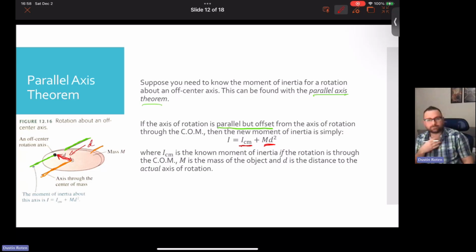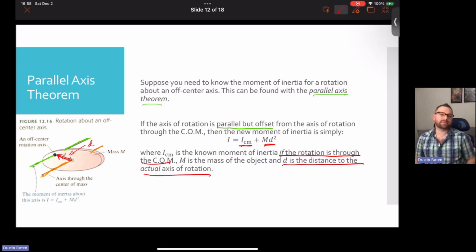That's my distance. So again, I_cm is the known moment of inertia if the rotation is through the center of mass. So that's a big thing, if the rotation is through the center of mass. And then M is the mass of the object, and then d is the distance to the actual real axis of rotation. So that's just a cool trick.